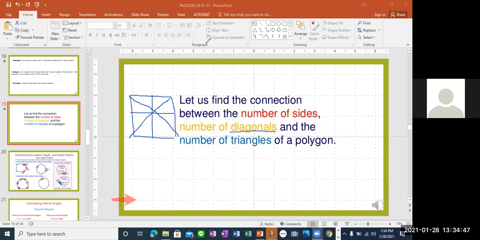So that is the relationship between the sides and the diagonals of a polygon. As always, we say that the diagonal lines create triangles in any kind of polygon.